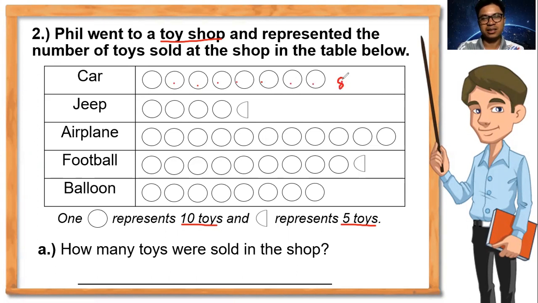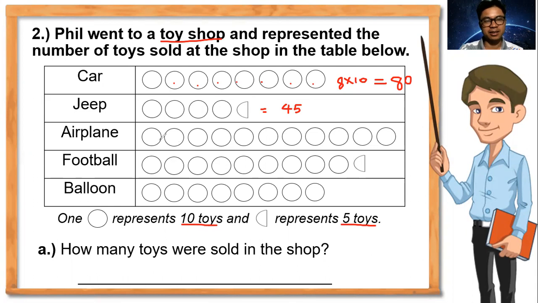So 8 times 10 equals 80 toys. Jeep, how many? 4 times 10 is 40, plus half, 45. 45 toys.